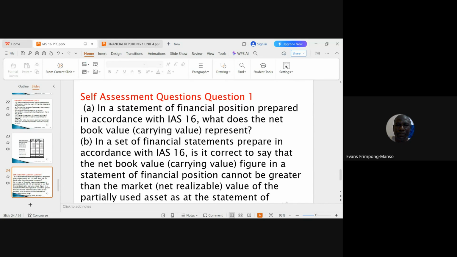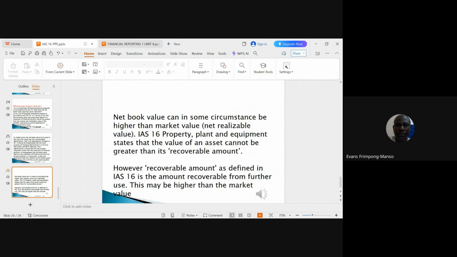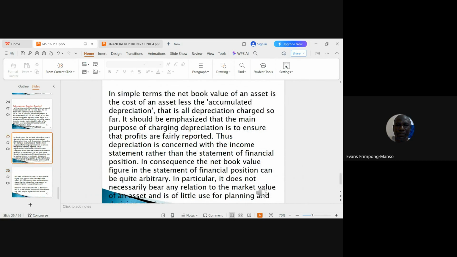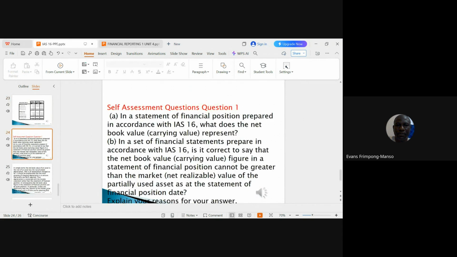So I have questions here, the very lengthy one. Now let's see. In a statement of financial position prepared in accordance with IAS 16, what does the net book value or carrying amount represent?